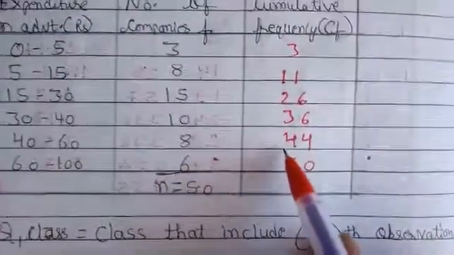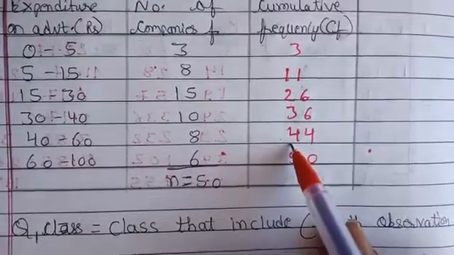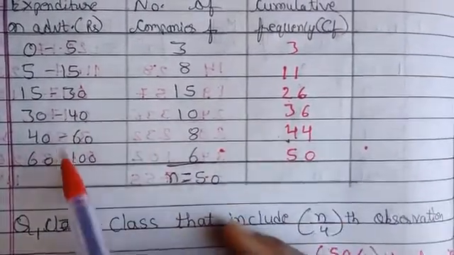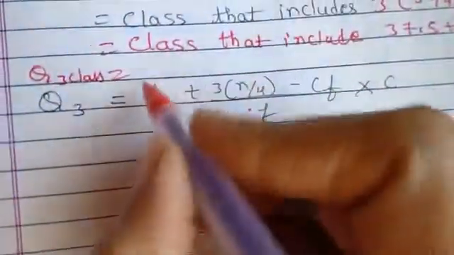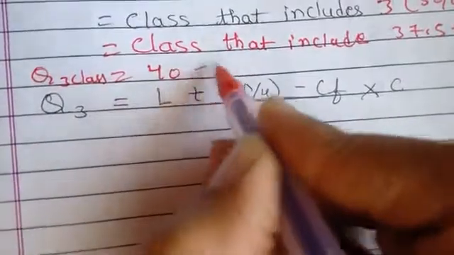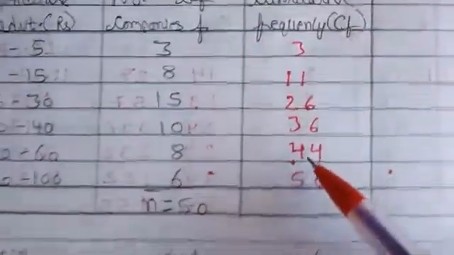Now this you have to refer in the CF column. So the 37.5th observation will come here, that is the class 40 to 60. So the Q3 class we can write as 40 to 60.